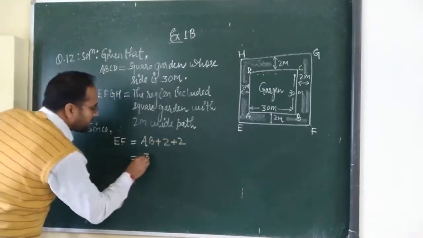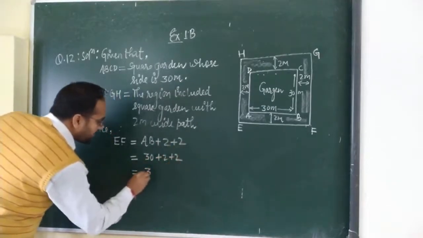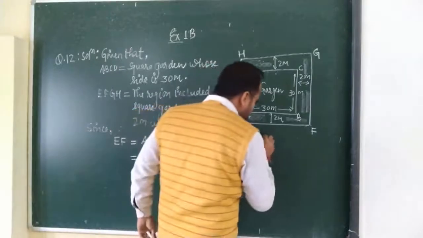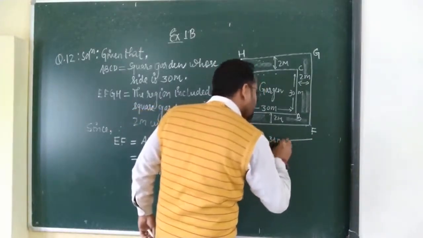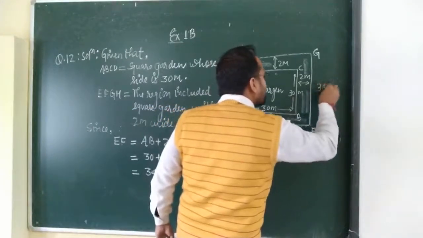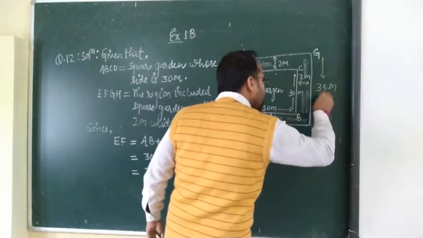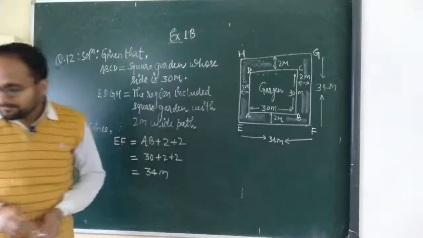AB is 30, plus 2 plus 2. You will get 34 meter. So the length of this region is 34 meter, and this is also 34 meter. This is the side of this square portion.